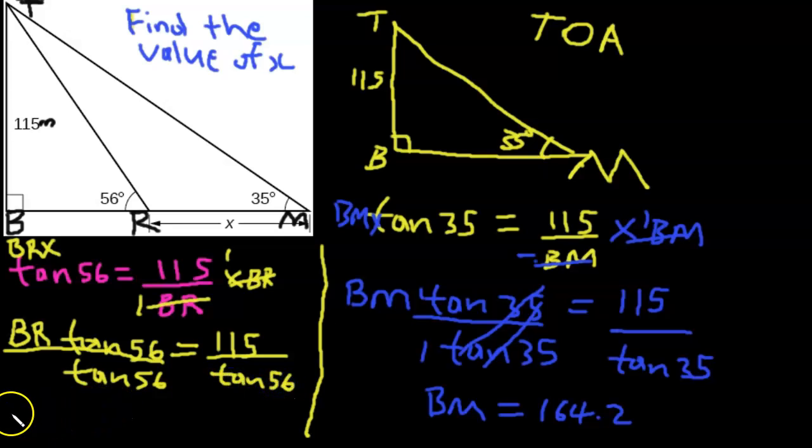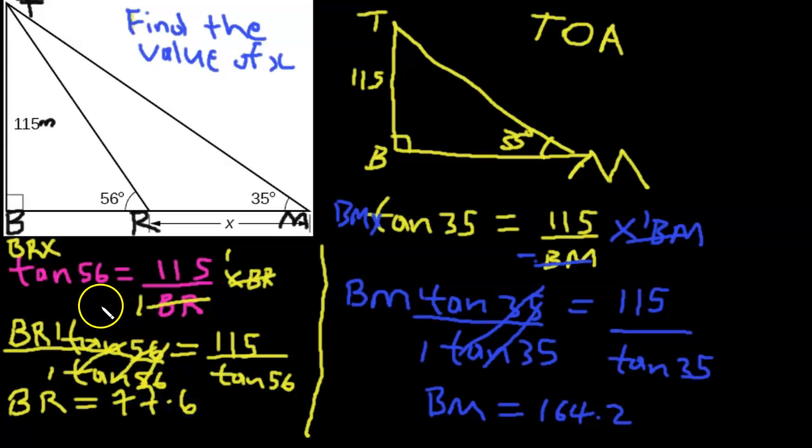What we'll end up with is BR equal to 115 divided by tan 56, since tan 56 into itself is one time. Let's punch that in on our calculator. I'm getting 77.6 when rounded to one decimal point.